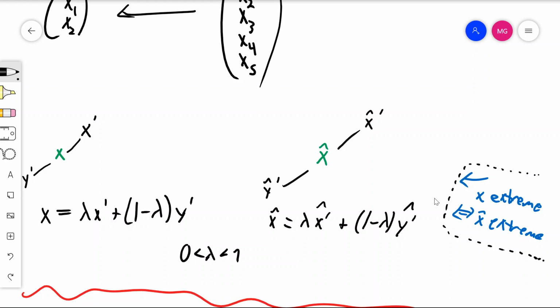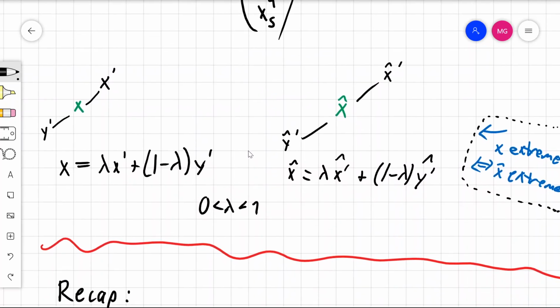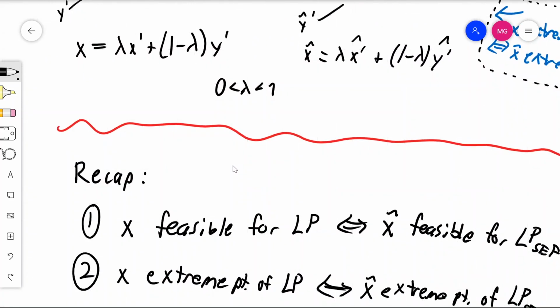And so the whole point of that is just to say that x is extreme if and only if x hat is extreme. So the extreme points of the feasible region for the original polyhedron map bijectively with extreme points of the standard equality form version of the linear program. So everything really is equivalent in that sense.